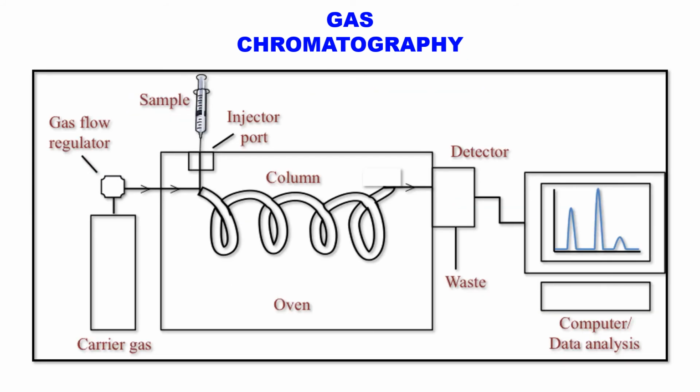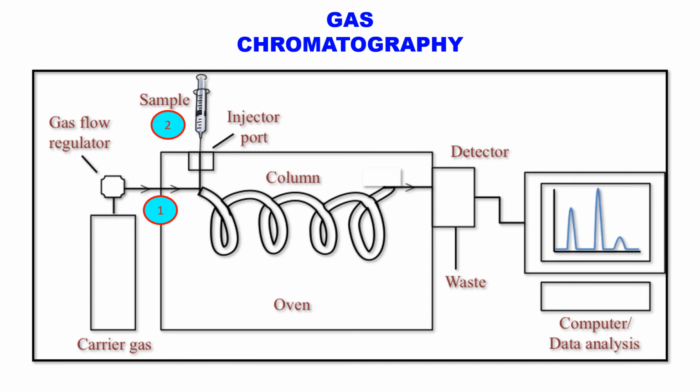Now, this diagram helps form a basic understanding of a gas chromatograph. The carrier gas, which is usually an inert gas such as helium, is mixed with the sample through an injector port, and both of these are moved passed through the long gas chromatography columns which carry the stationary phase.